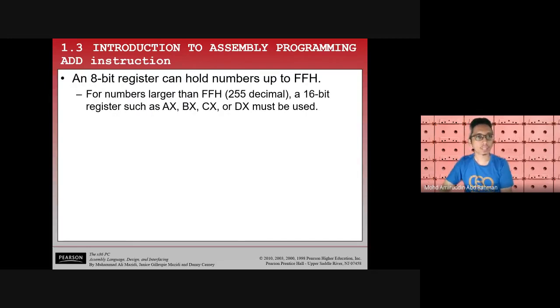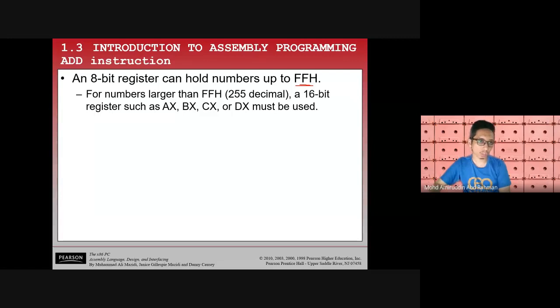Okay, so the 8-bit registers can hold numbers up to FFH. This is the maximum value, as I said. For numbers larger than FFH, 255 in terms of decimal, we must use a 16-bit register such as AX, BX, CX, or DX.